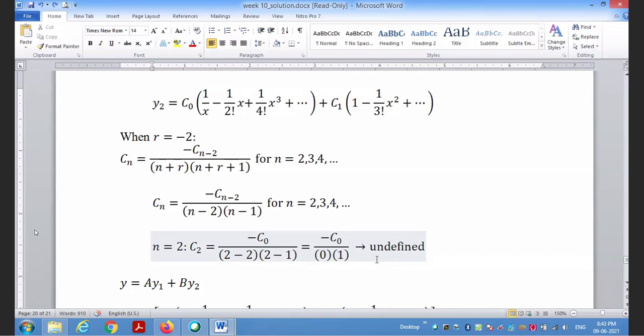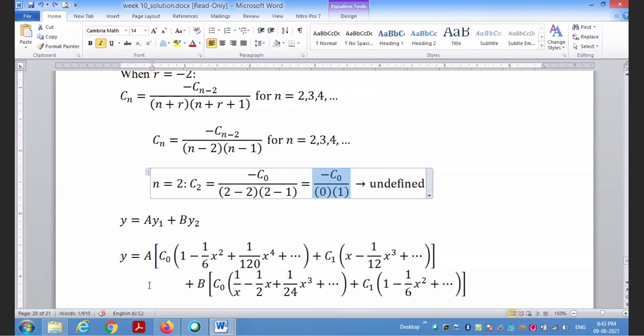Or if when n equal to 2, C2 equals something not divided by 0, but when n equal to 3, we have something over 0, undefined. You stop. So there is no solution for r equal to minus 2. So in this case, although we have 3 values of r, when r equal to minus 2, we don't get any solutions.